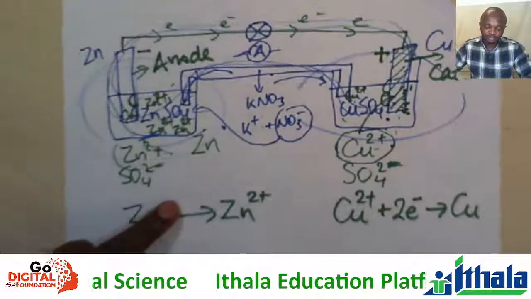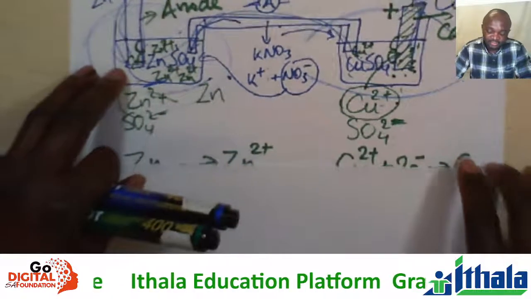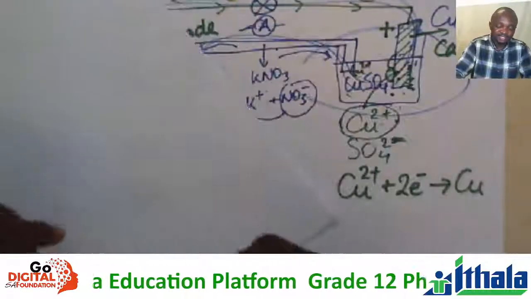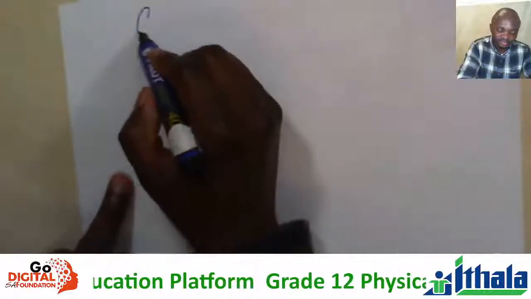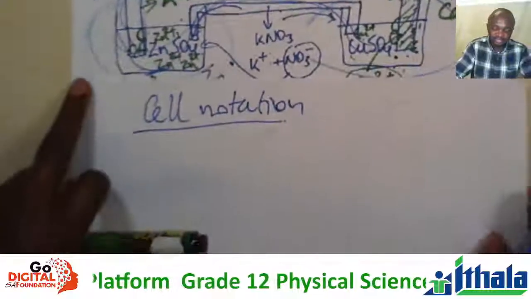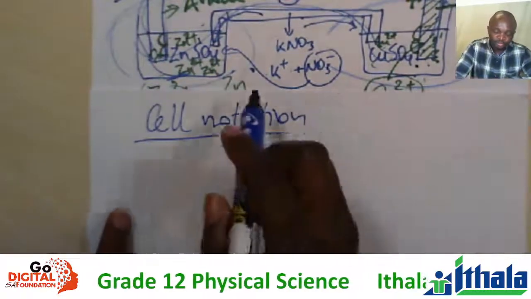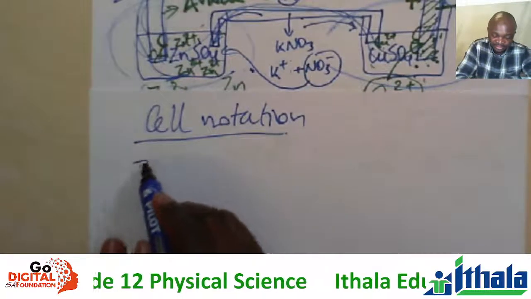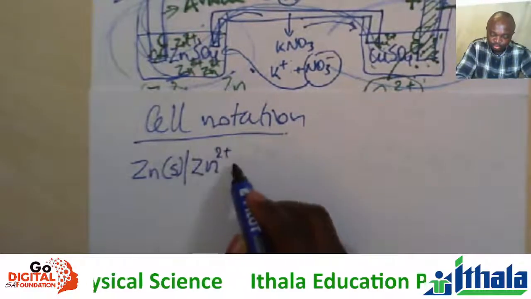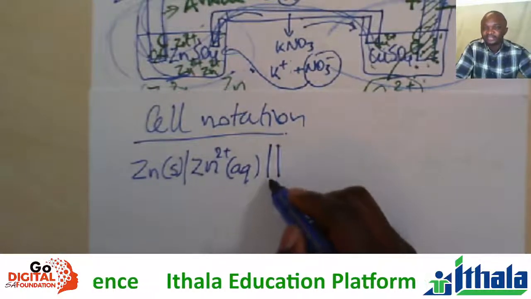Then another thing we need to know in terms of a galvanic cell is how to represent what happens, and for that we use the cell notation. The cell notation shows the electrode, the salt bridge, and also the cathode. In the oxidation half reaction, we start with Zn as a solid, which changes to Zn2+ in solution, so aq. Then there is the salt bridge. These two lines represent a salt bridge.